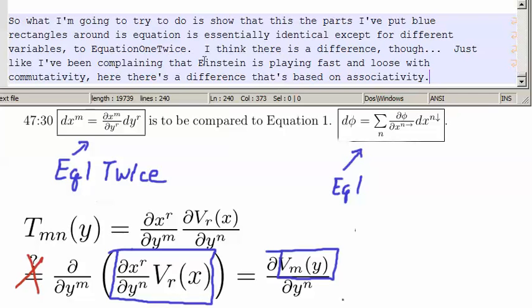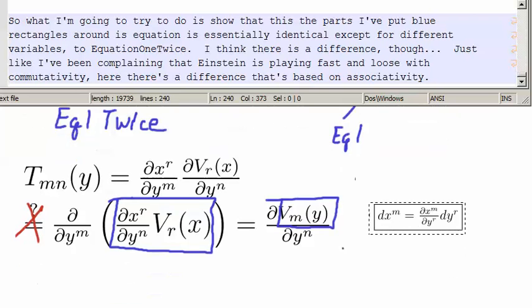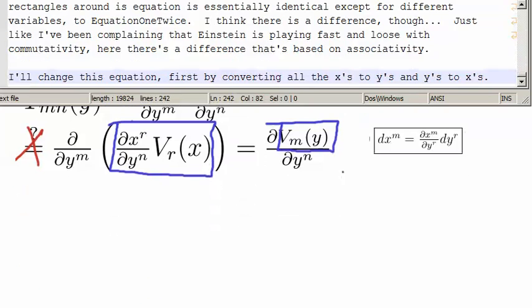Just like I've been complaining that Einstein notation plays fast and loose with commutativity, here there's going to be a difference that's based on associativity. I'll change this equation first by converting all the x's to y's and the y's to x's.